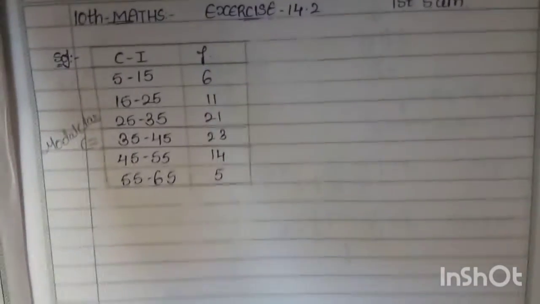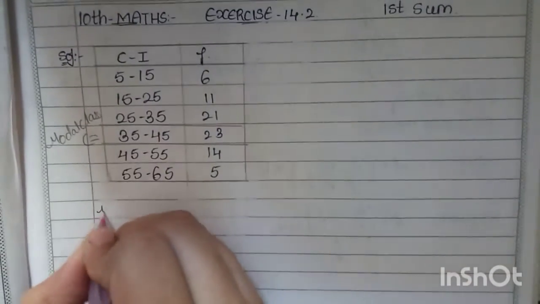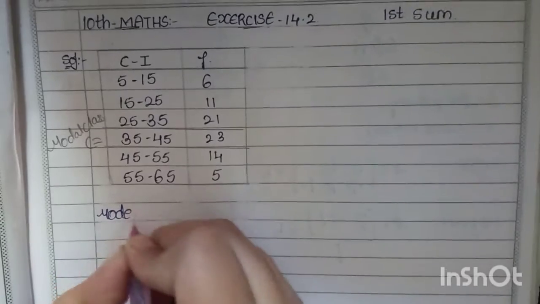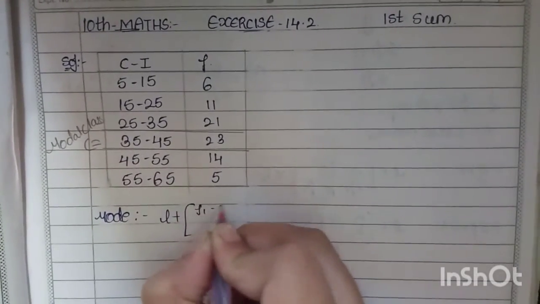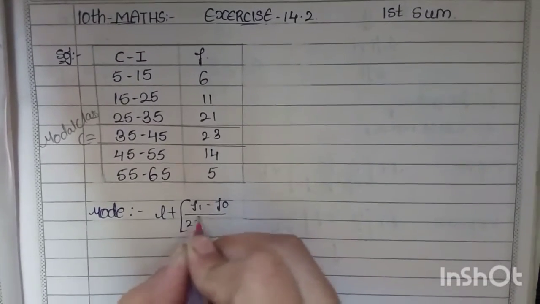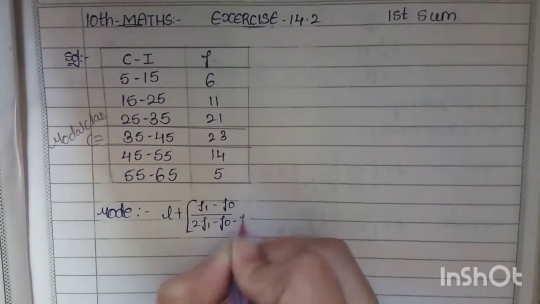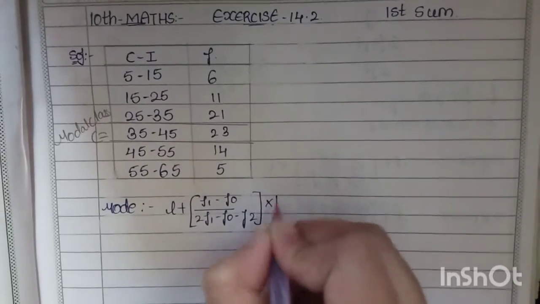So let me write the mode formula. Mode formula is L plus f1 minus f0 by 2f1 minus f0 minus f2, into h.